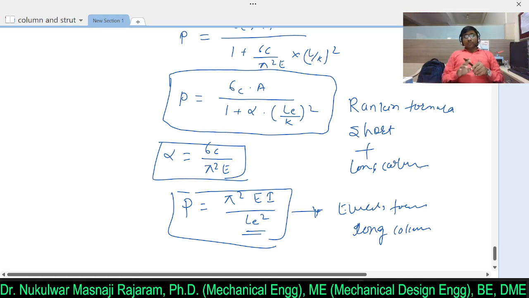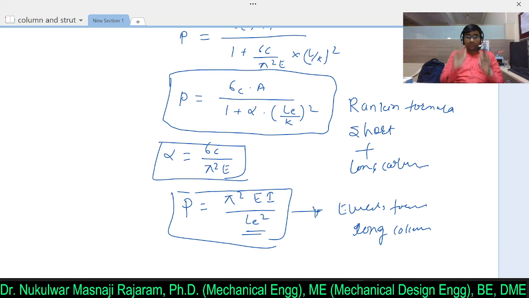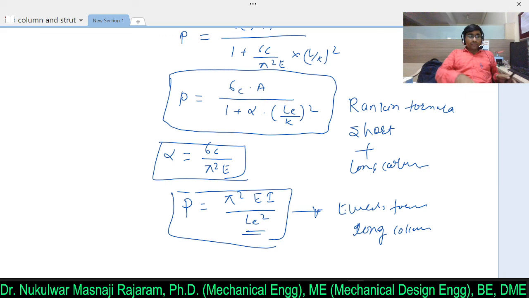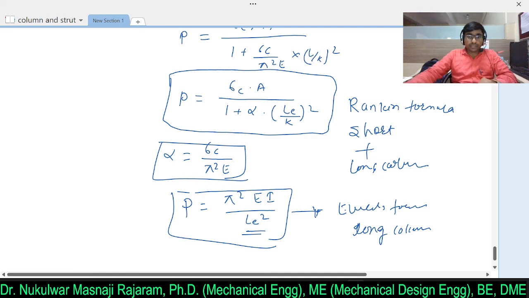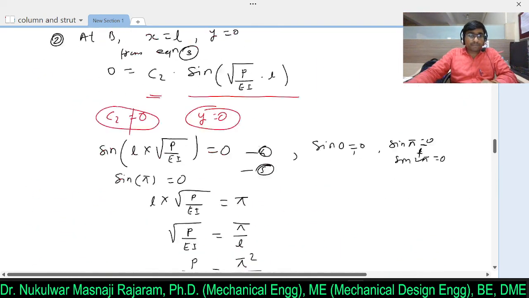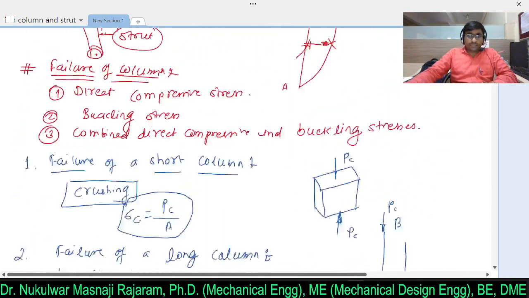I hope you understand the concept of column and strut, how it fails, the Rankine formula, Euler's formula, the assumptions of Euler's formula, and then we learned the Rankine formula. In that we also learned the slenderness ratio. Clear. So in this way we finish the column and strut.